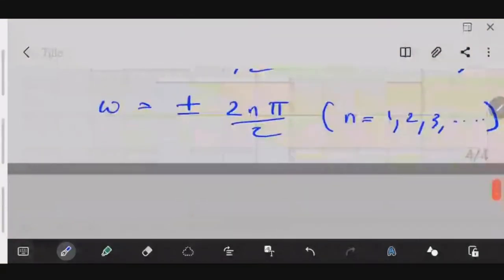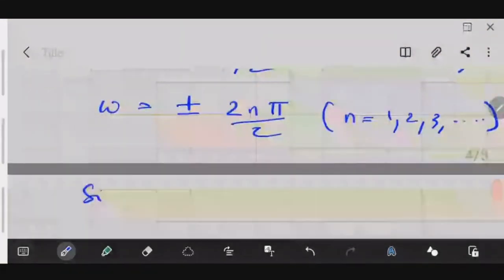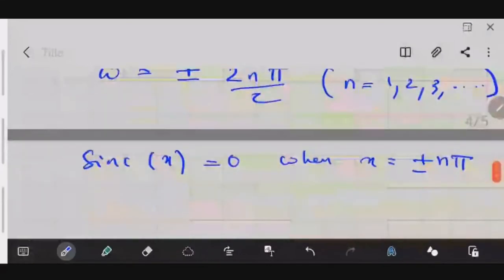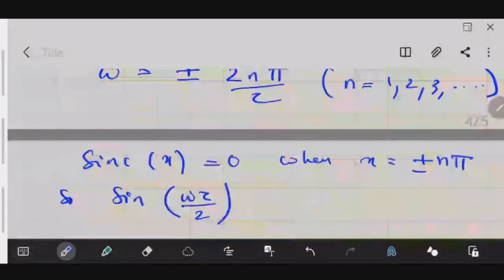Now we know the property of sinc is that sinc of x is equal to 0 when x is equal to plus minus n pi. Here it is sinc of omega tau by 2, so this must also be equal to 0 when x is equal to plus minus n pi.